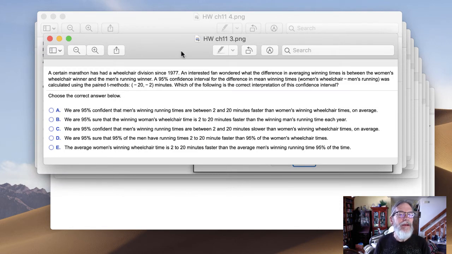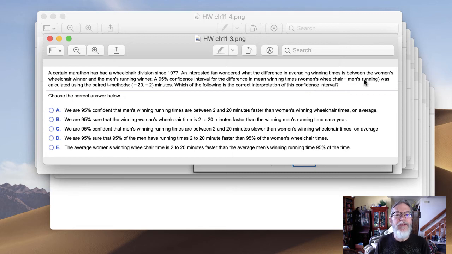All right, certain marathon. An interested fan wanted a difference in average winning times between the women's wheelchair winner and the men's running winner. 95% confidence interval. And notice it's going to be women's time minus men's time. So let's see, if they're negative numbers, that means men had to have bigger numbers, right?